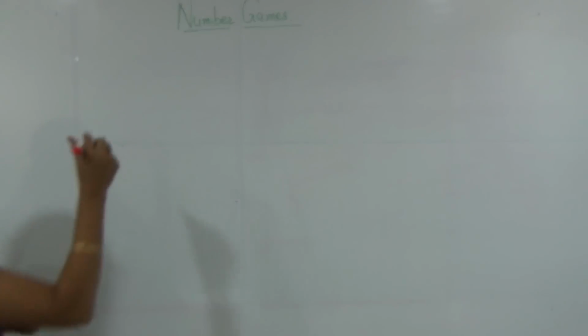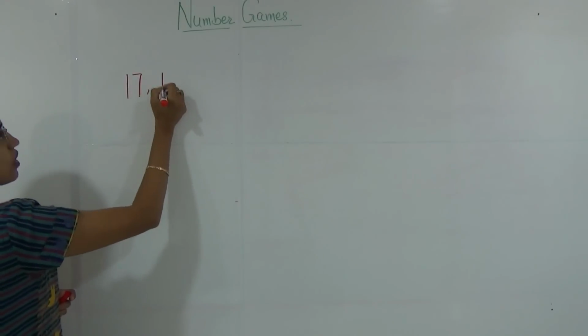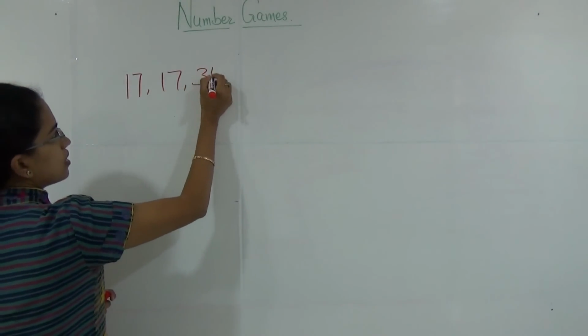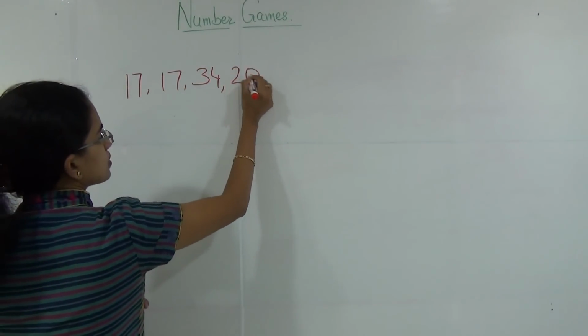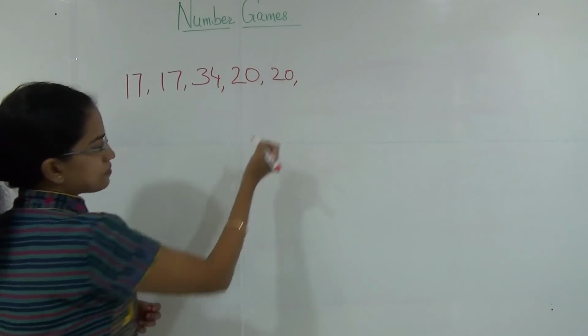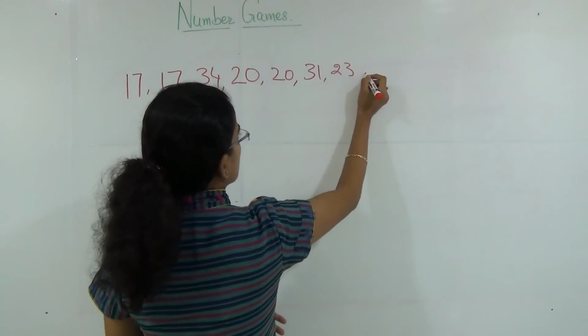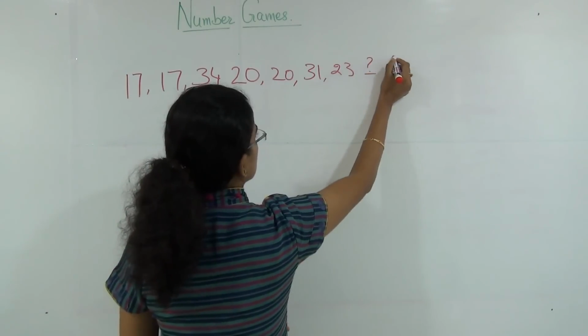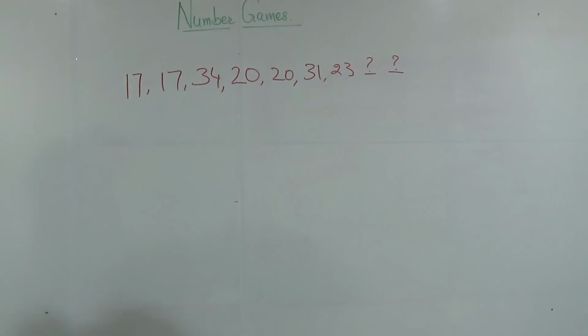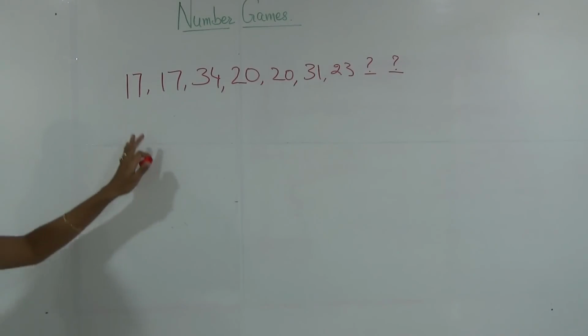The first simple question that we would be talking about today is 17, 17, 34, 20, 20, then you have 31, 23. What would be the next two numbers? In this question, we are trying to solve for the next two numbers.